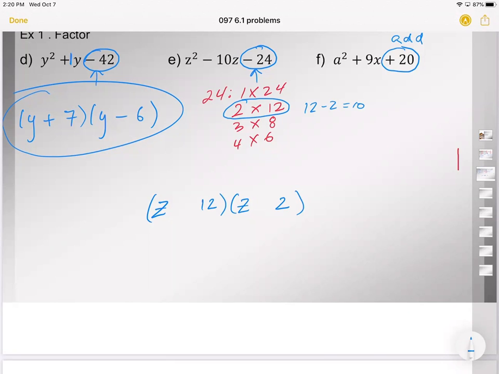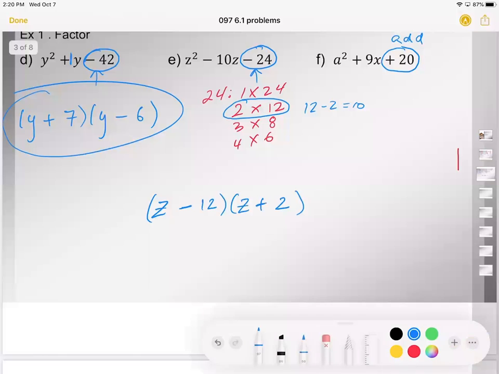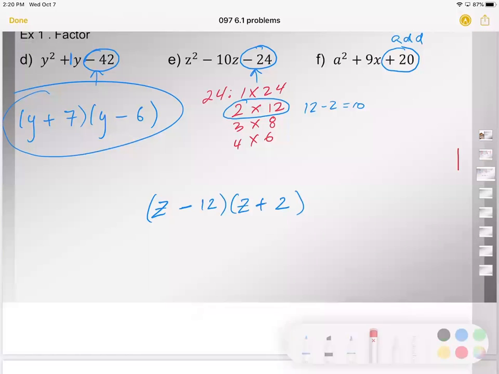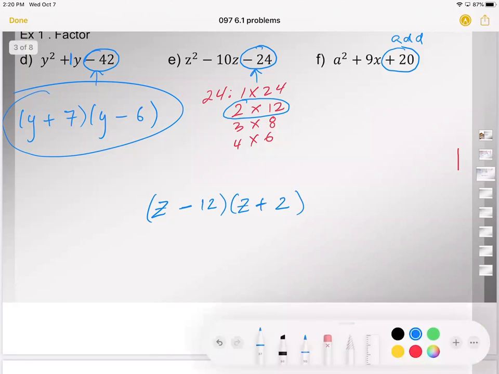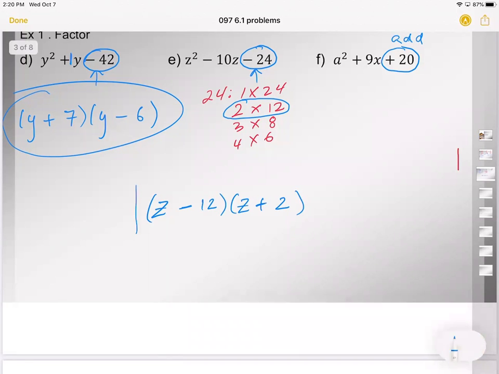So everybody sees why we cannot use 4 and 6, but rather we have to use the 12 and the 2. And because we think in terms of subtraction, one of them is positive, while the other is negative. So that is why, again, I gave you this so that you can see that it's not the 4 and the 6.